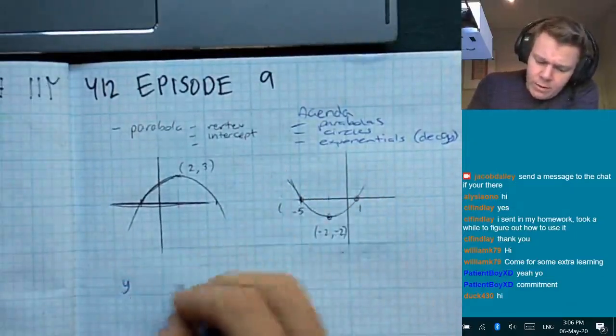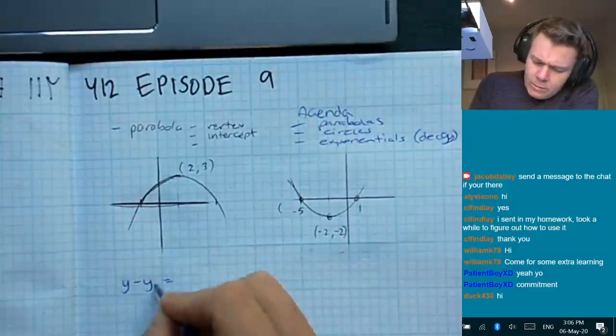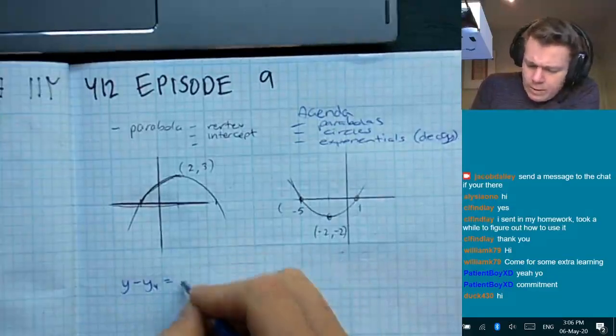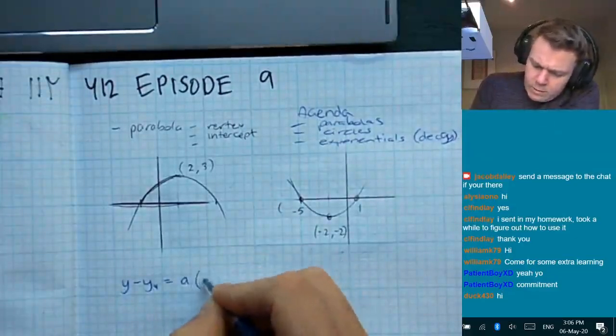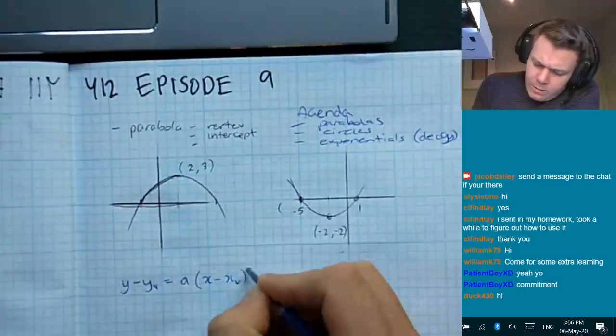So y minus y1 equals, well, y vertex equals a times x minus x v squared.